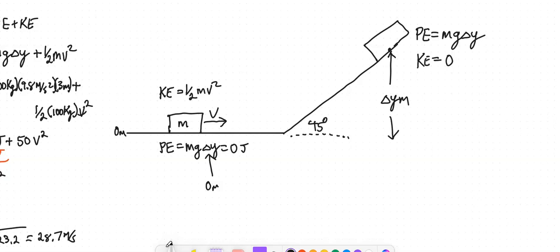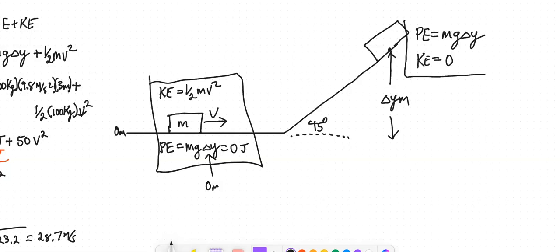But in order to create the formula to make this happen, we know that all of the energy on this side will be conserved as it comes to the top of the hill. So then we say that 1/2 mv squared is equal to mg delta y, because all of the kinetic energy is going to be converted to potential energy.